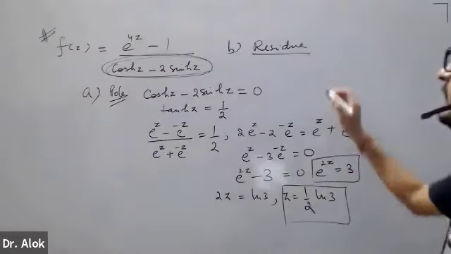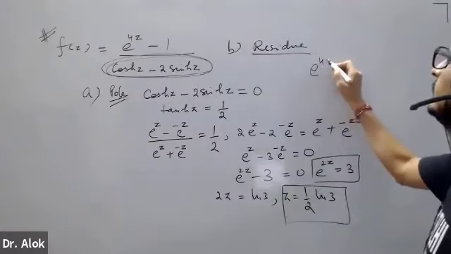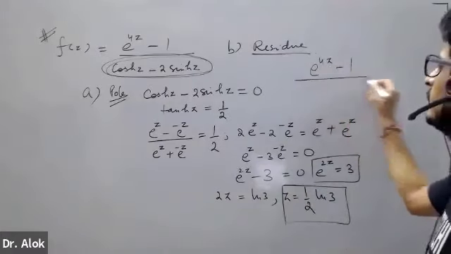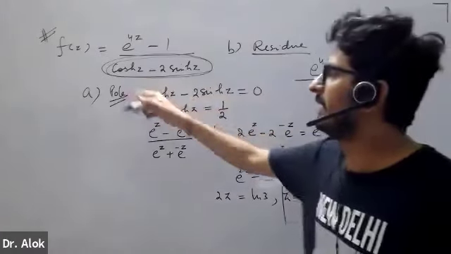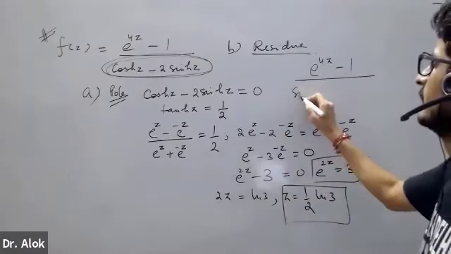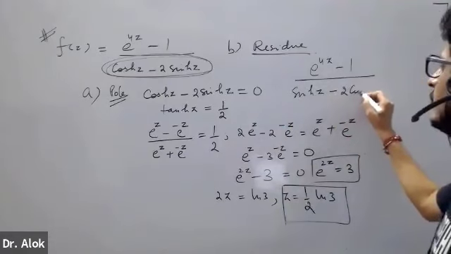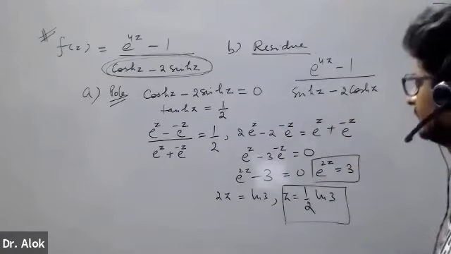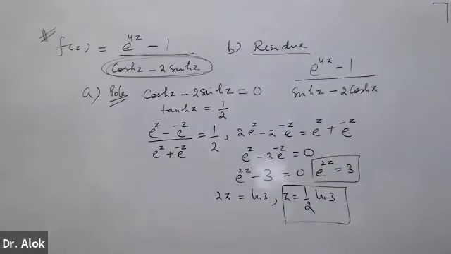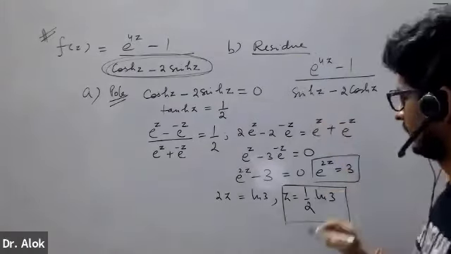So it will become e to the power 4z minus 1 over the derivative of this, which will become sine hyperbolic z minus 2 cos hyperbolic z. Yes? Yes, sir. And then you can just put the limit here, which is this.